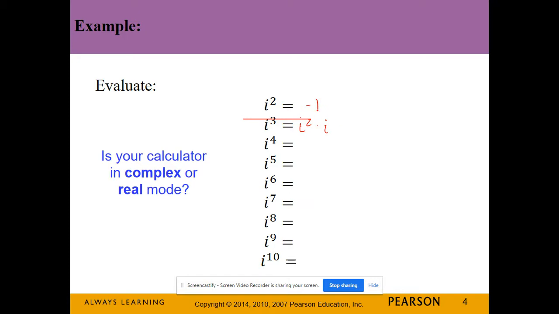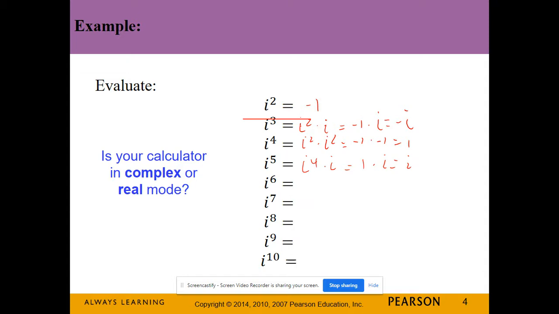Well, if i squared is -1, then it's really like -1 times i, which is just negative i. i to the fourth, would you agree, you can consider that just i squared times i squared, which means it's -1 times -1, which is 1. i to the fifth, would you agree, is like i to the fourth times i. And if i to the fourth we just discovered is equal to 1, times i is just i.